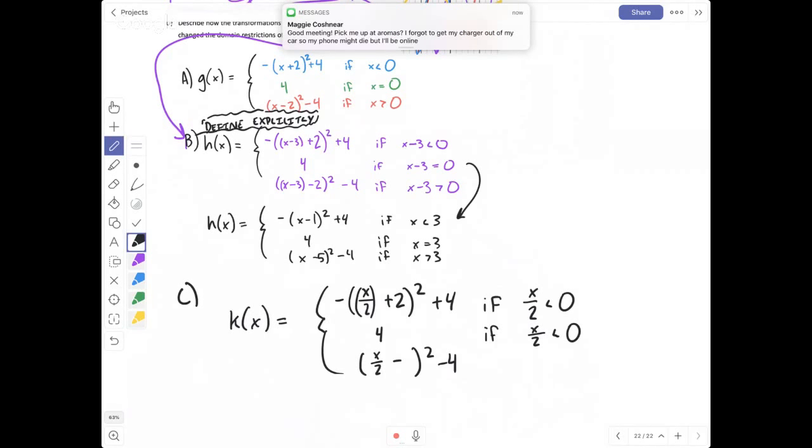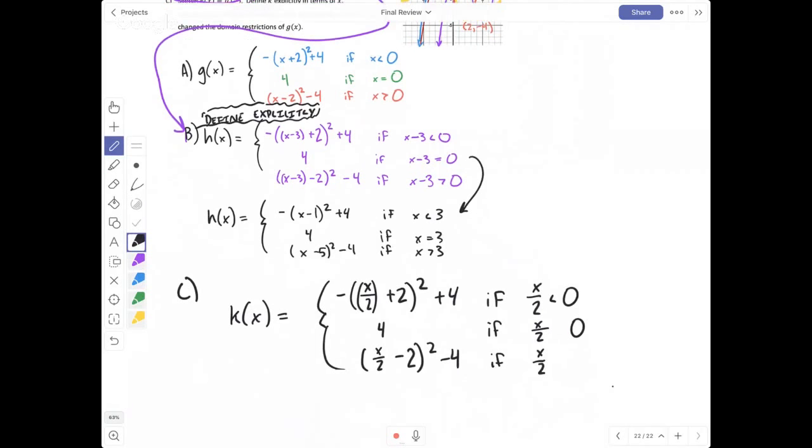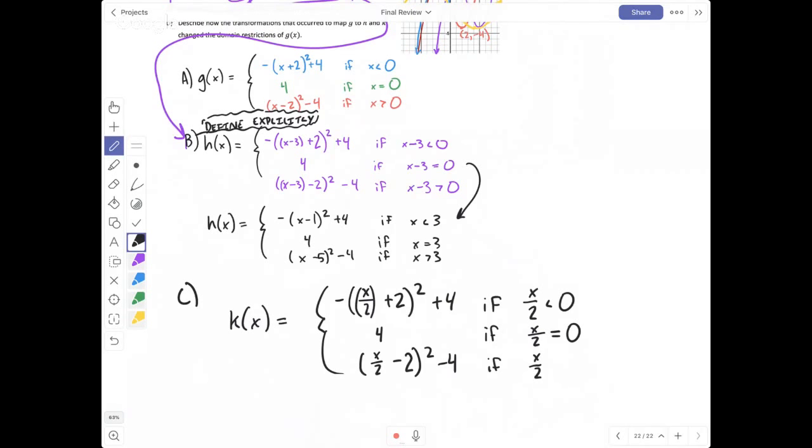my fault, x over 2 minus 2 squared minus 4 if x over 2, and that's got to be an equal 0 here. And this is greater than 0.